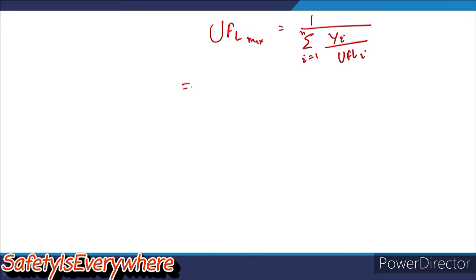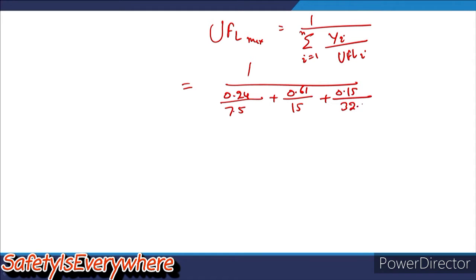So it is 1 upon 0.24, which we had earlier described, and 7.5 plus 0.61 upon 15, the UFL of the component, plus 0.15, 32.0.